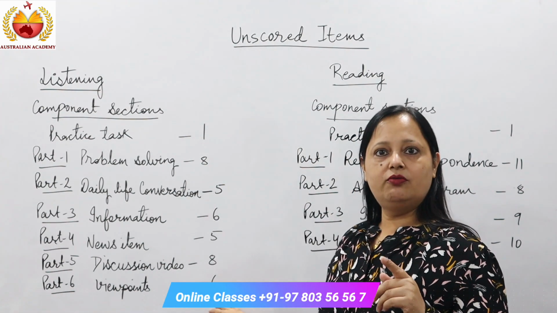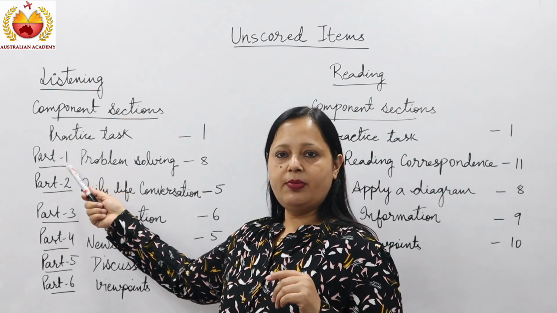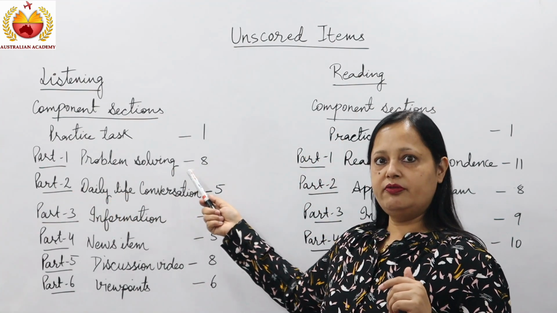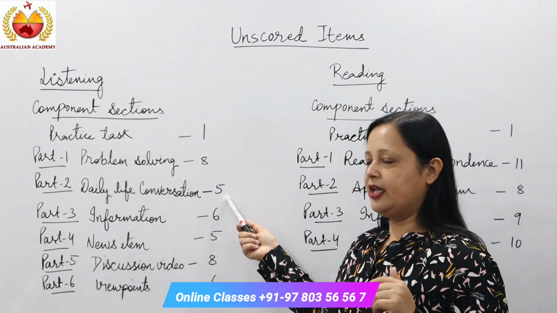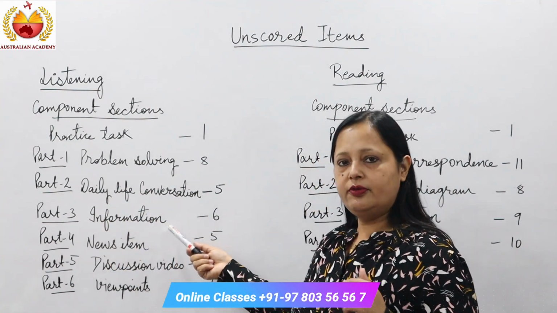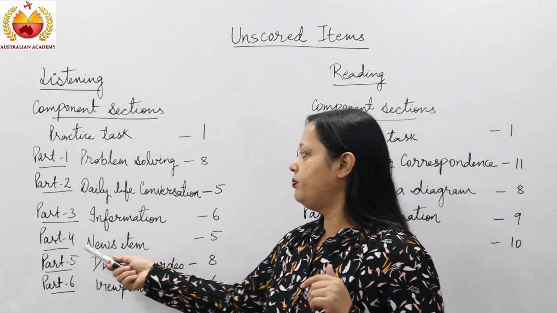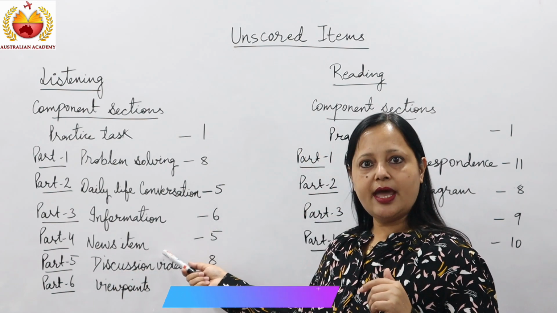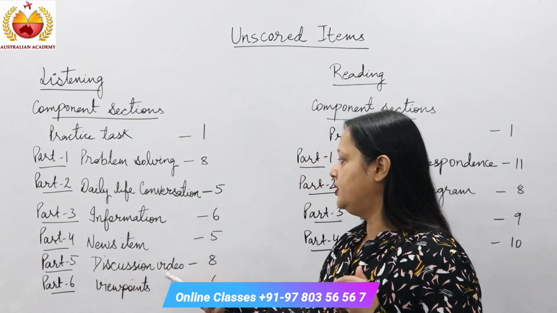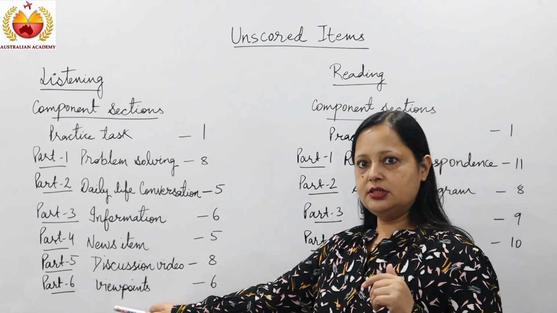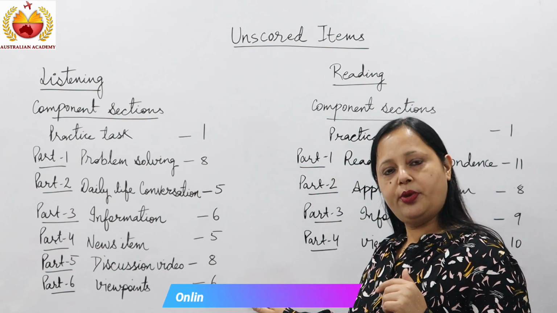Now in the real exam, what is happening, you will be getting Part 1, problem solving, 8 questions. Part 2, daily life conversation, 5 questions. Part 3, information, 6 questions. Part 4, listening to a news item, and you will be having 5 questions there. Part 5, discussion video, 8 questions. Part 6, viewpoint, 6 questions.